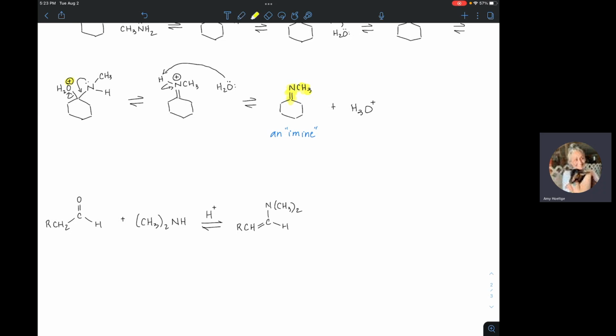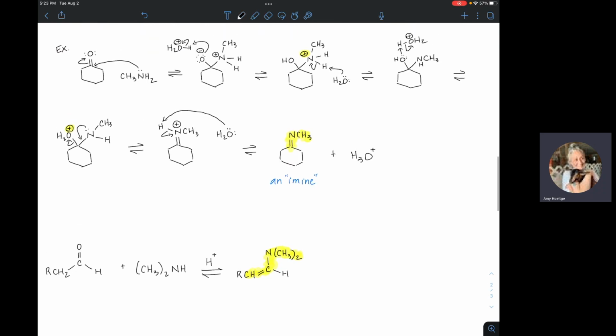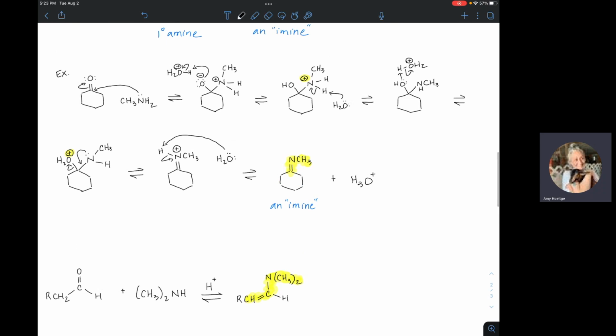I don't get an imine here, I get something called an enamine. Notice how with the secondary amine, I don't have the extra proton like I had with the primary amine. Notice how in one of the last steps, we've removed that hydrogen from the nitrogen.